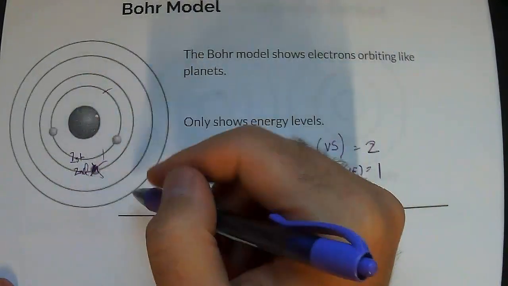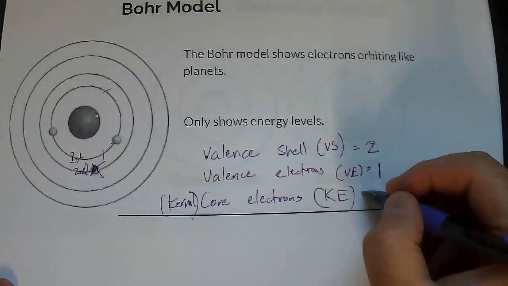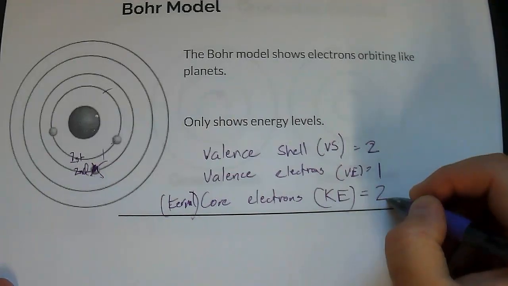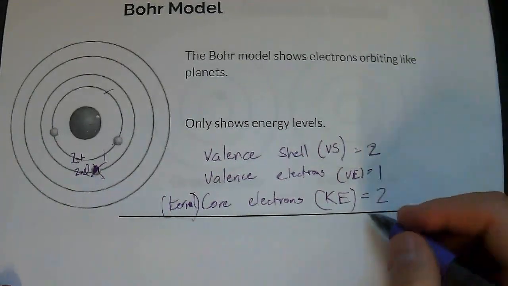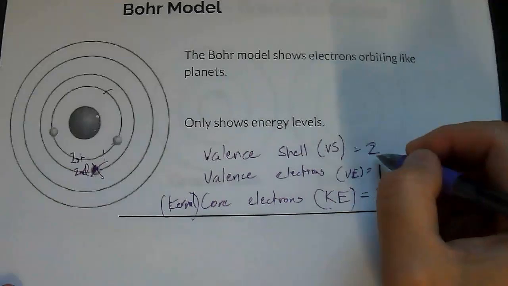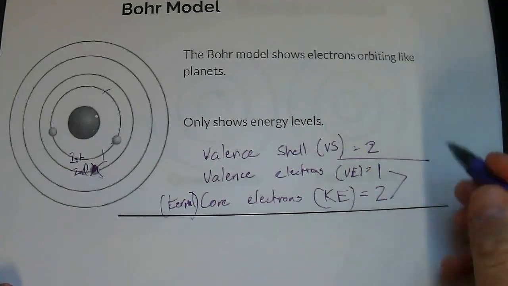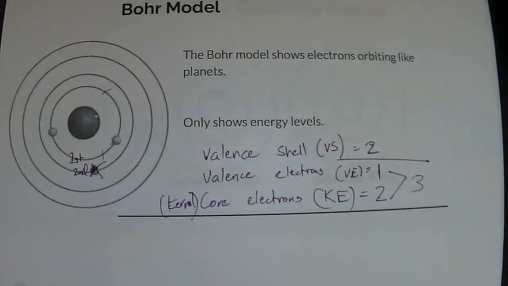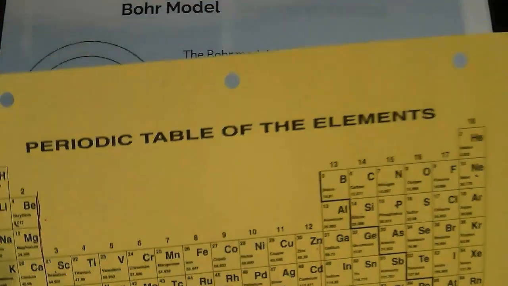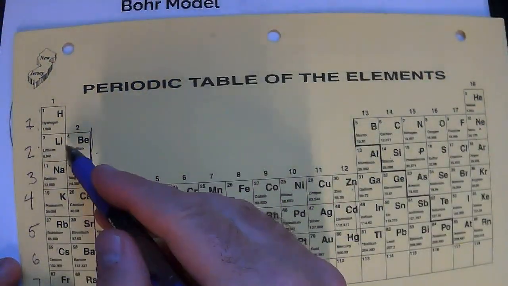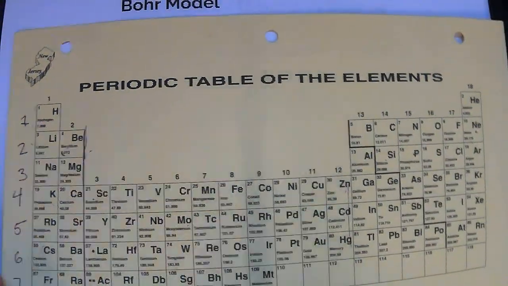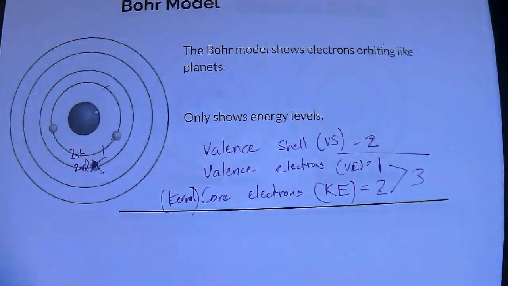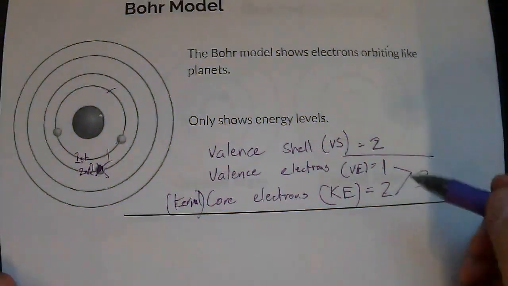So this one we've accounted for, and if we look here, that's going to be 2 kernel electrons. If I take these two, 1 plus 2, this is 3 electrons, and that means that the element we're dealing with is most likely lithium, because it has three electrons in it.